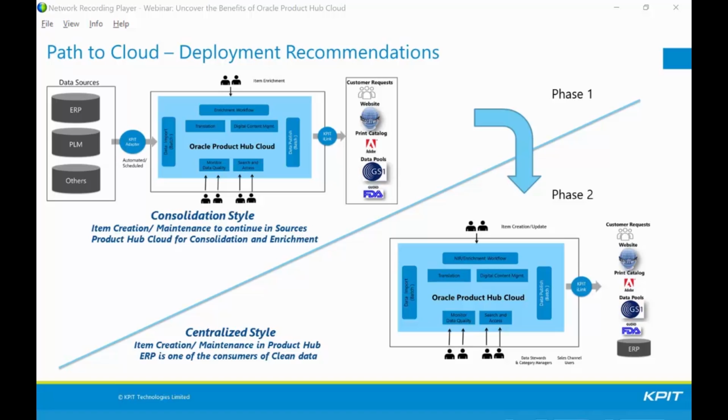And once your company's ecosystem becomes comfortable with the cloud, move to phase 2, where you can make it a centralized style and have product or item creation itself happening in the hub. ERPs then become the systems receiving that information from the hub. That way you can bring governance to the item creation process itself.